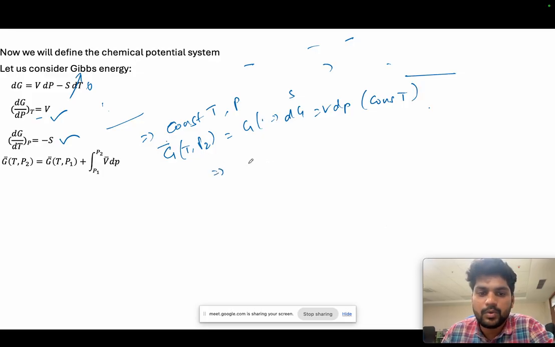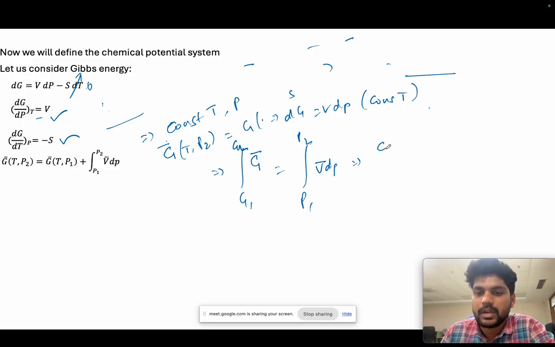Now if I do the integration, it will become G2 minus G1 equal to the integral of VdP. This is for the normal case. If I do it for 1 molar, then I apply this to get the intensive properties.